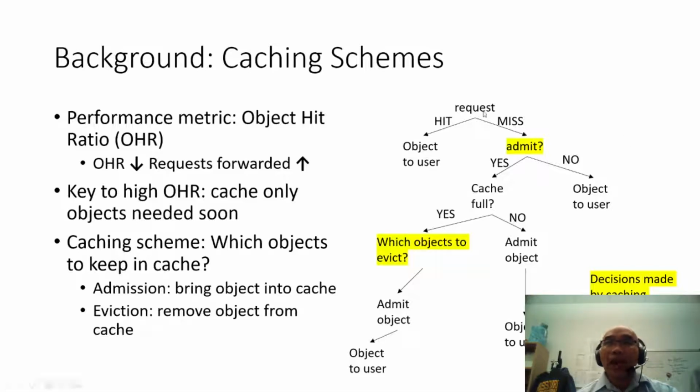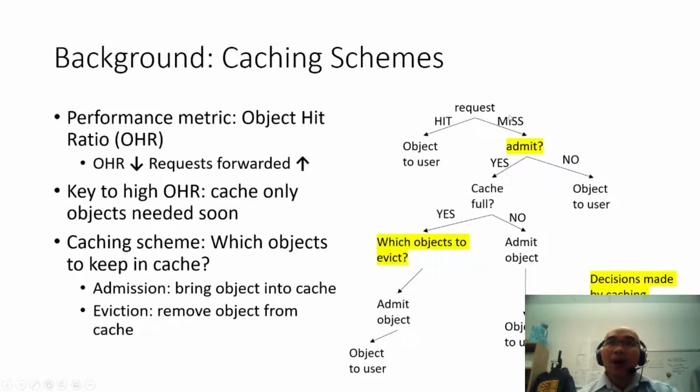Let's take a look at what happens when a request arrives at a server. If the requested object is in the server, then the server sends the object to the user. In this case, we got a hit.